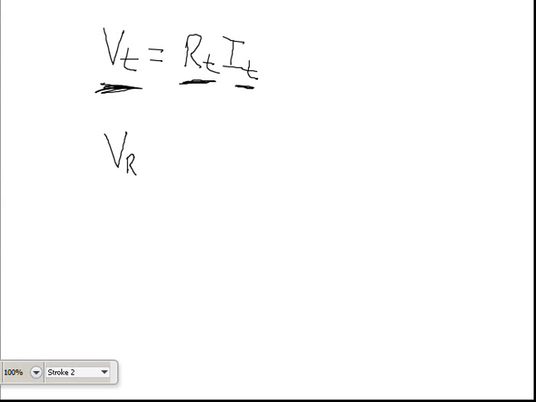Now remember, there is a difference. When you're talking totals, the total voltage means the voltage for the entire circuit, the resistance for the entire circuit, and then current. But when you're just talking an isolated component, you have to apply the values for that component.